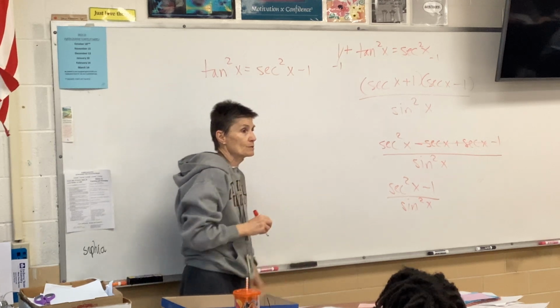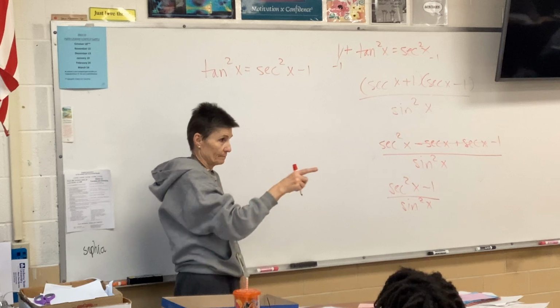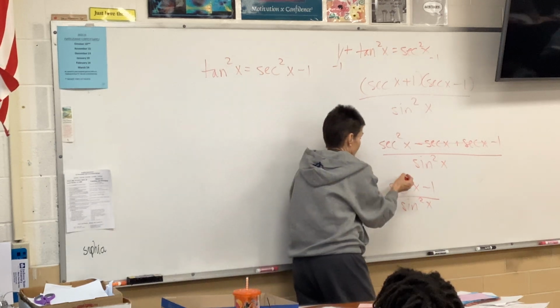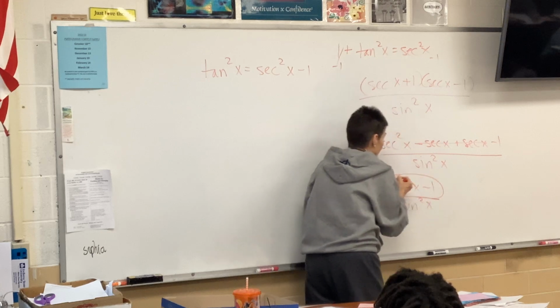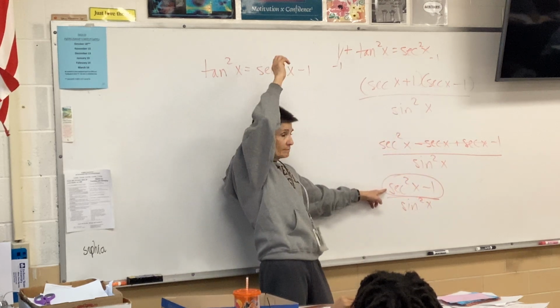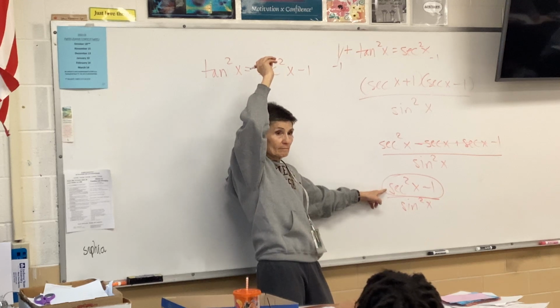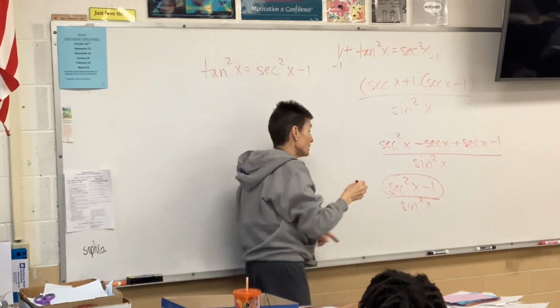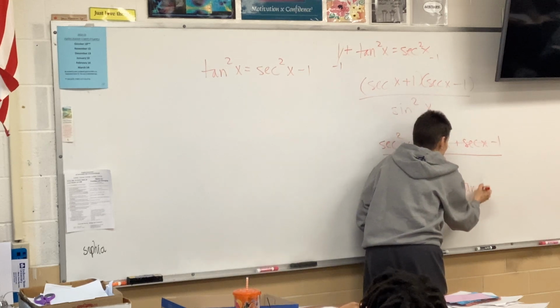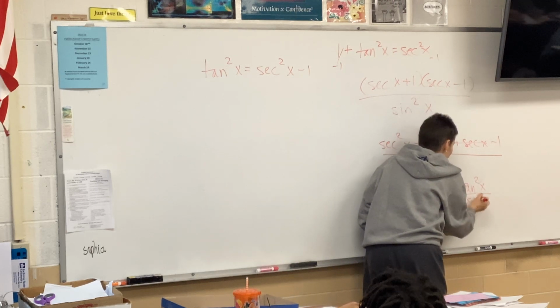Why is that good news? Tan equals sine over cosine. I'm going to go there in a second, but first, what's secant squared -1? Tangent squared. So now I'm going to write my problem as tangent squared over sine squared.